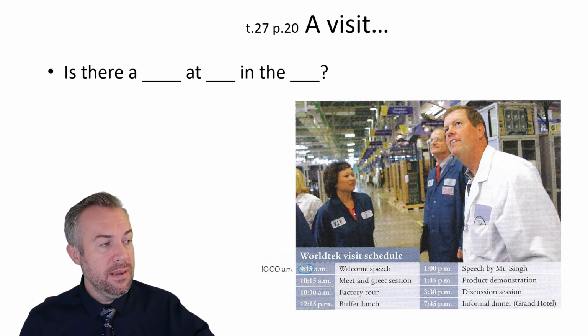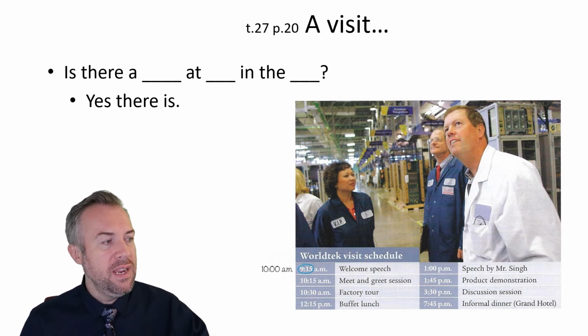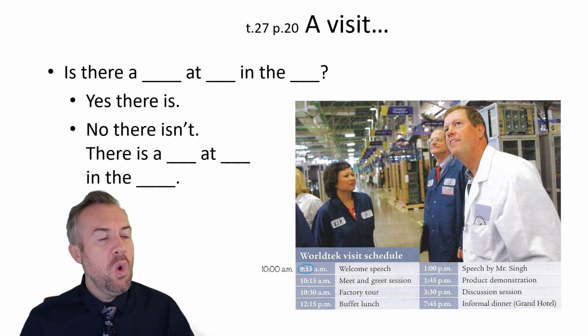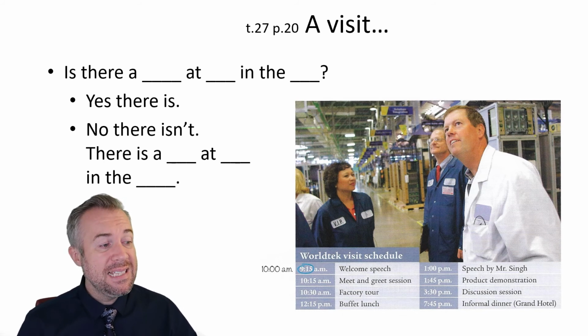And the answer would be, yes, there is. Are you sure? No, the time is different. No, there isn't. There is, and this is the new schedule, a welcome speech at 10 o'clock in the morning.